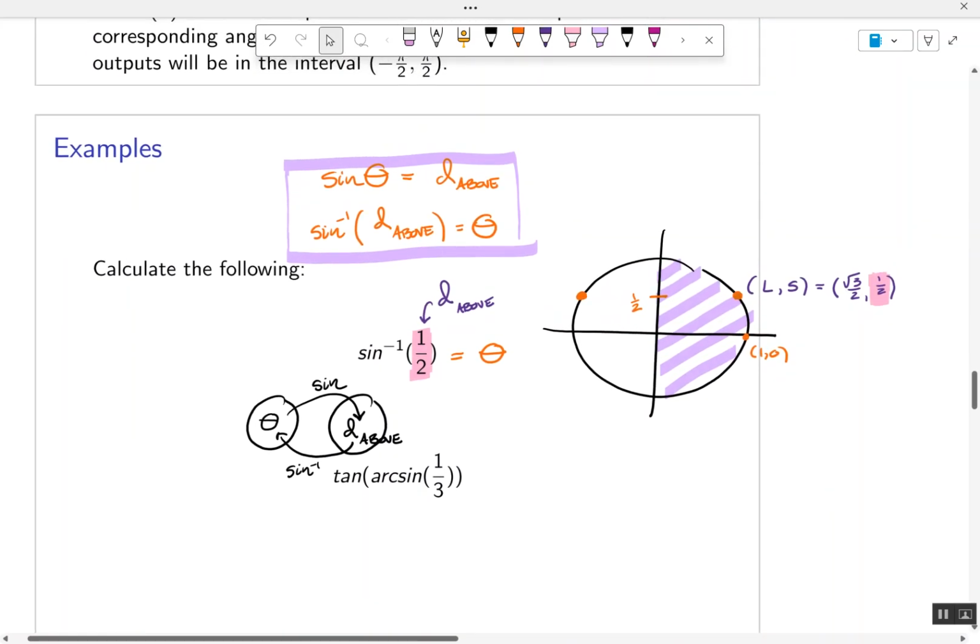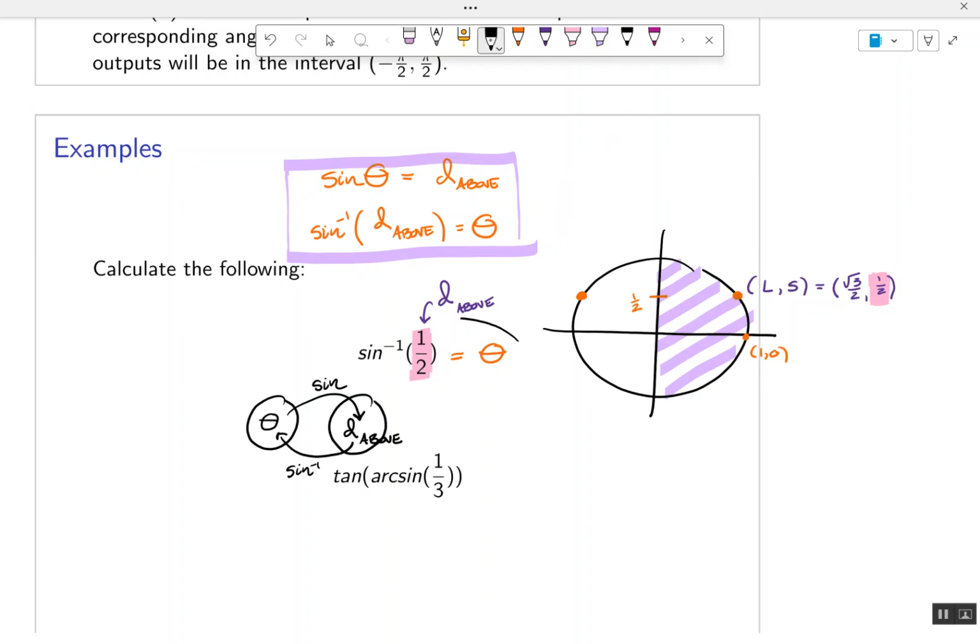So let's look at some examples here. Calculate the following: sine inverse of 1/2. Okay, so we have a reminder right here. Sine of theta equals the distance above. That means sine inverse of the distance above is the angle measure.